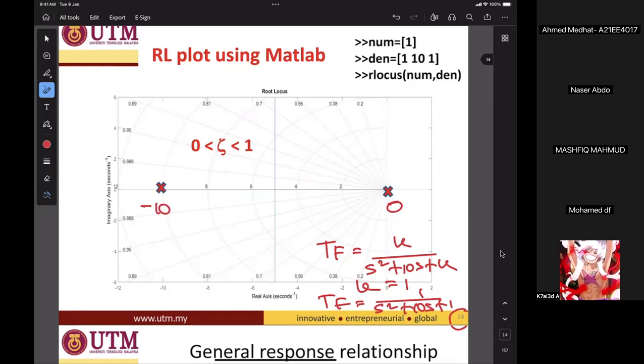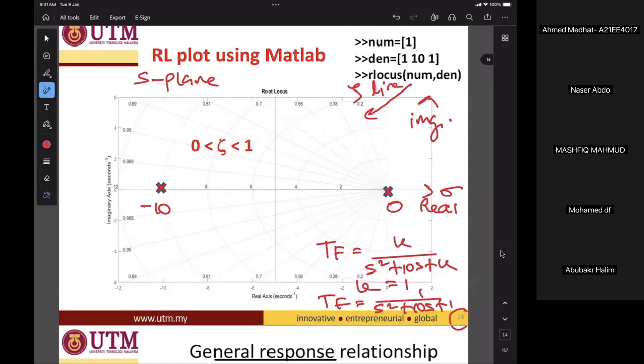Then we plot on the S-plane, where this is the real axis and this one is the imaginary axis. For your information, please remember that this line is the zeta line, or we call it the damping ratio line.